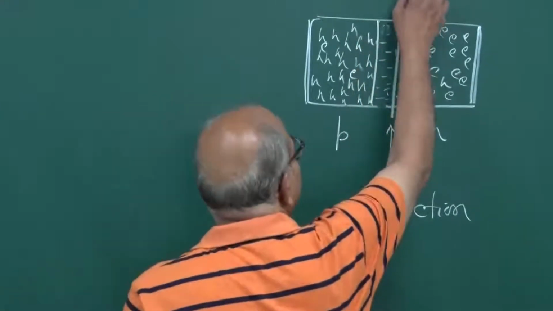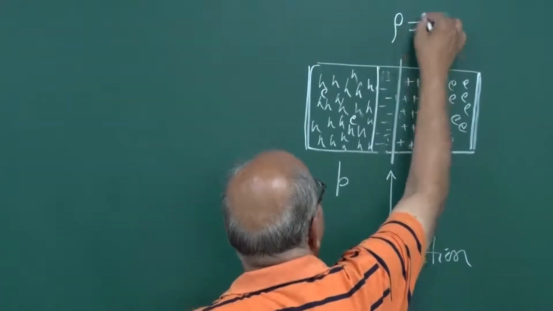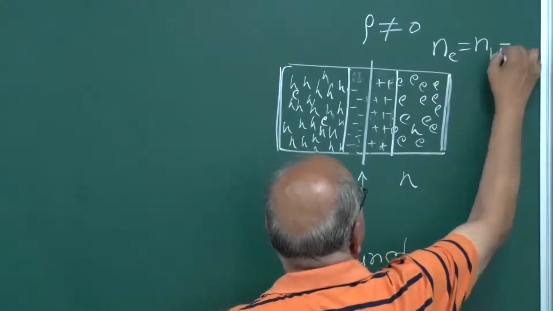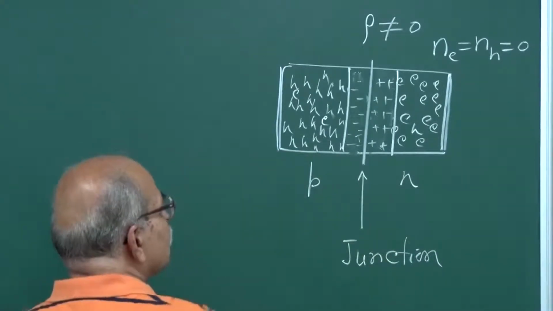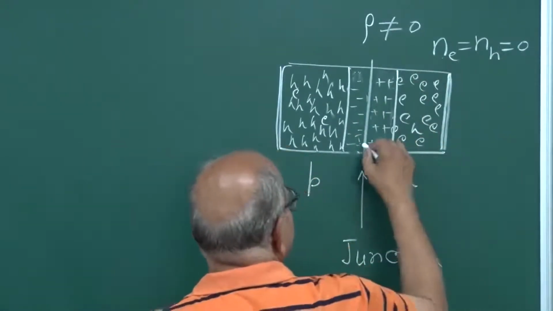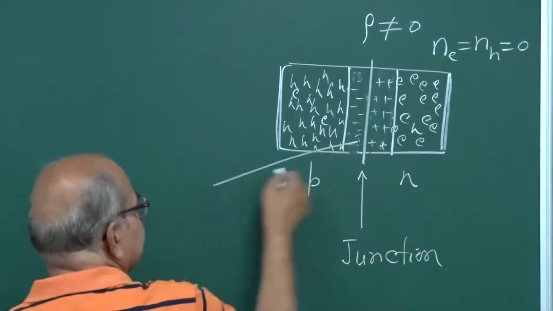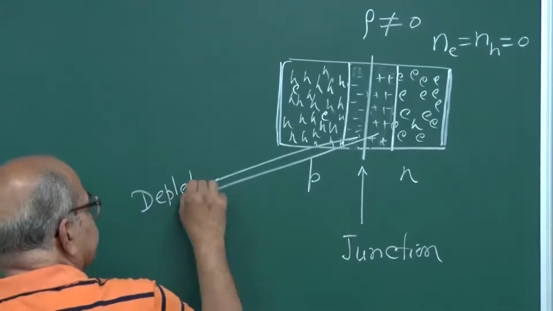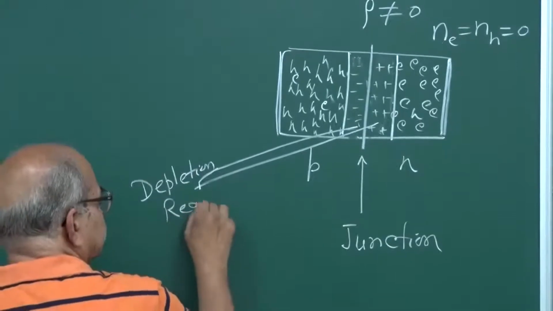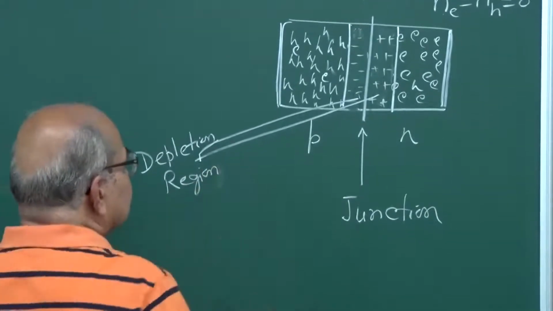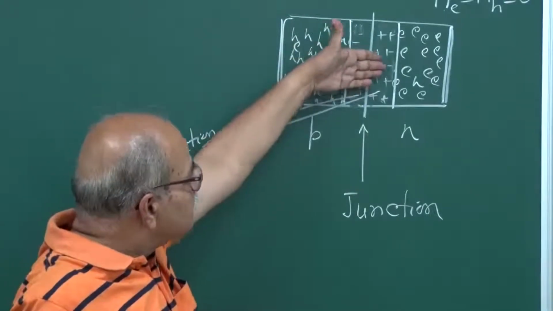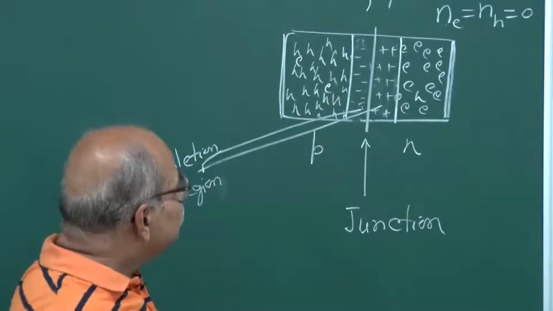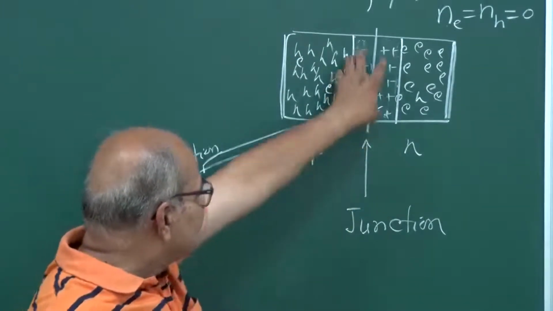So you have rho, the charge density, which is not 0, but the charge carrier density is 0. So this whole region where you do not have charge carriers is known as a depletion region. These holes have gone here to neutralize these electrons, or the electrons have come here to neutralize these holes, and therefore the charge carriers are not there, that's fine.